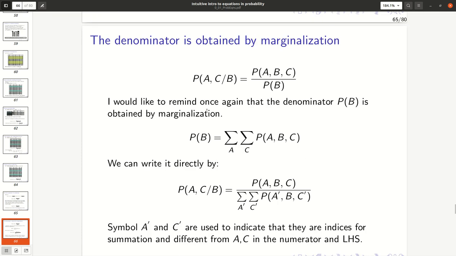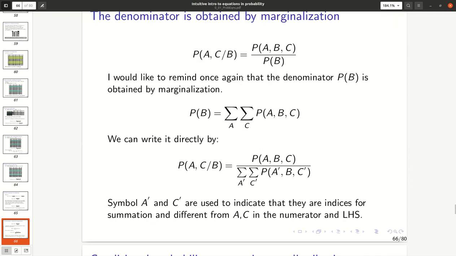In this expression, I would like to remind you once again that the denominator P of B is obtained by marginalization of the bigger table. Marginalization is expressed like this: P of B can be obtained by summing P of ABC over A and C. So directly we can plug this value here. We can rewrite this conditioning on B as P of ABC divided by the marginal distribution.